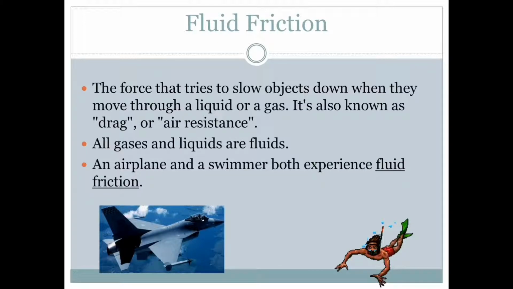We also call these things drag or air resistance. But in this case, we're going to talk about them as fluid friction. Fluid friction occurs in all gases and liquids, and all gases and liquids are considered fluids. An airplane and a swimmer both have fluid friction. Different types of fluid, but they both have the same friction.